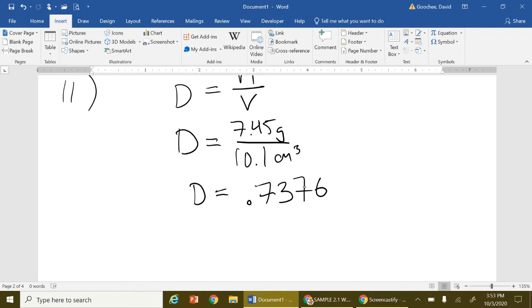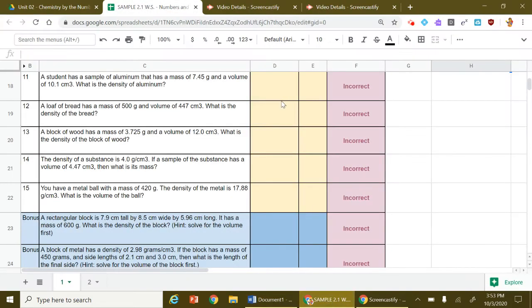Because mass was grams and you divided by centimeters cubed, your units are going to be grams divided by centimeters cubed. Let's plug that in and see if 0.7376 is correct. Correct. I'm going to write grams over centimeters cubed. That's the best that I could write it in here. I don't need to get fancy with it.